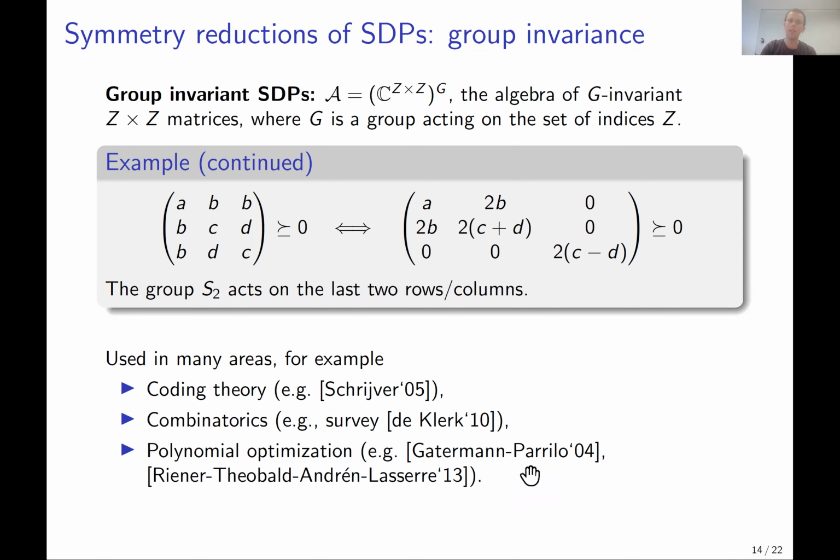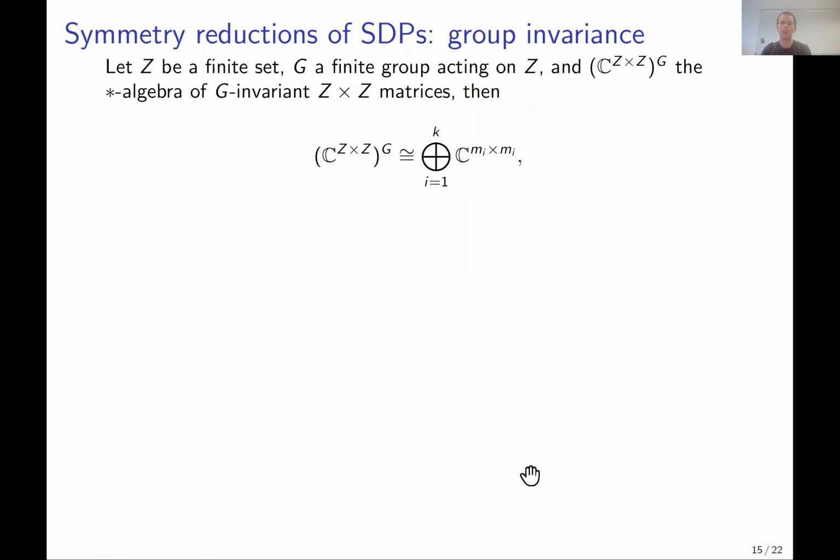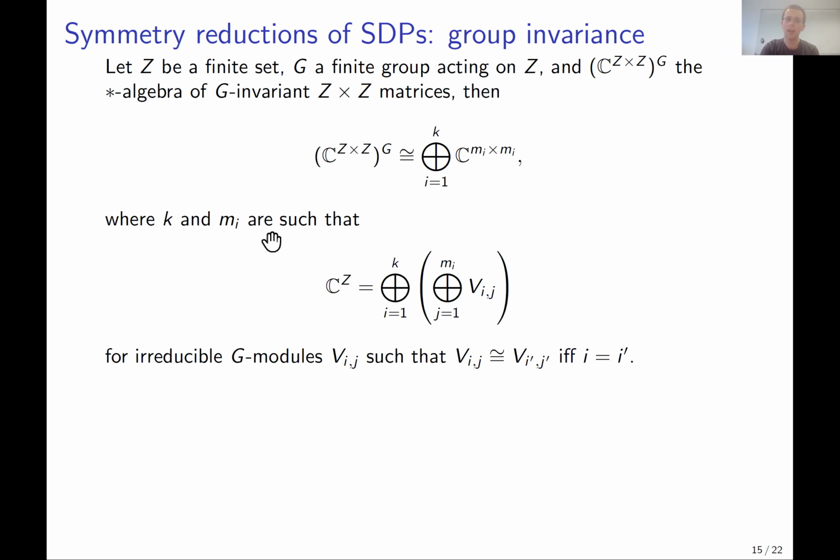Okay, so group invariant SDPs are very nice because there's a very explicit recipe for how to obtain this symmetry reduction. So that's what I want to sketch on this slide. We're again in this setting of Z by Z matrices that are invariant under the action of the group on both the rows and the columns. So this is just to repeat the statement of Artin-Wedderburn. But what we know additionally in this group invariant setting is what this K and Mi are supposed to be. Basically, you can obtain them by decomposing the vector space on which these matrices act.